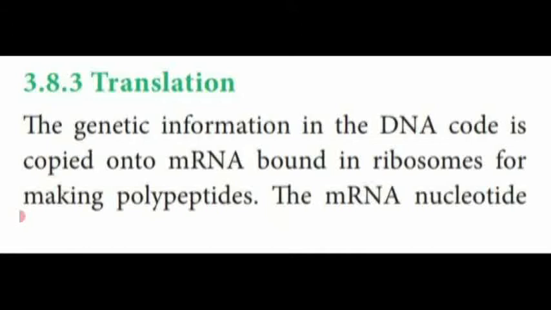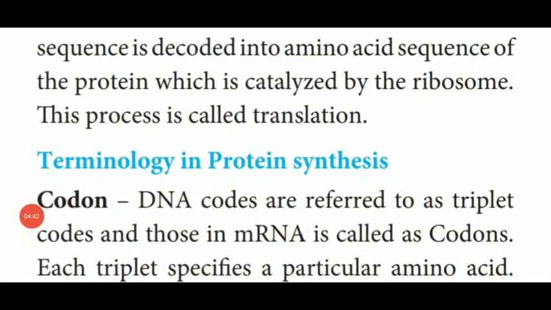So dear students, not only these 3 lines, another 3 more lines are also the answer for the translation process. Translation is the genetic information in the DNA code copied onto mRNA, which is bound in the ribosome for making polypeptides.